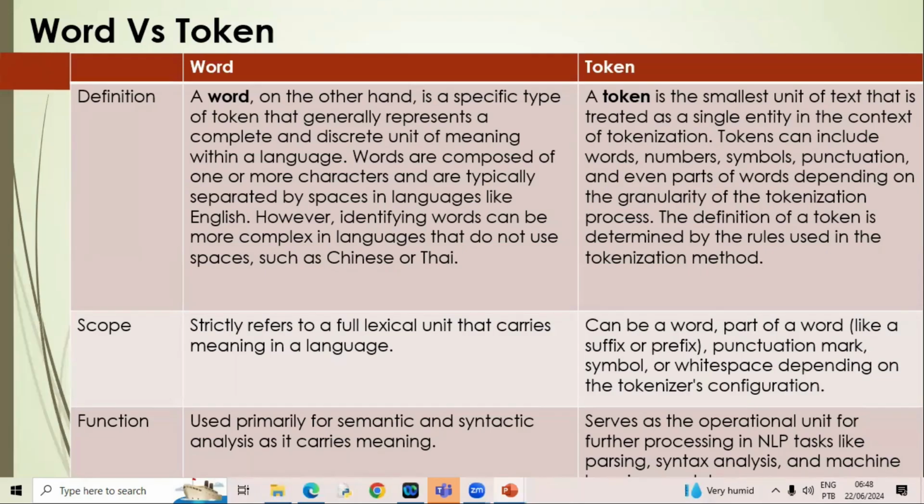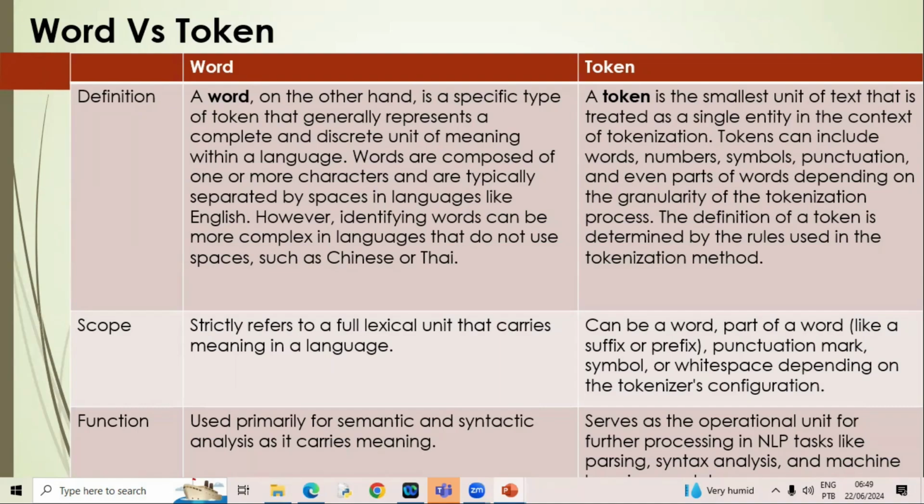So in a word we are mostly using text, while in tokens we have words, numbers, symbols, punctuation, and even parts of words depending on the granularity of the tokenization process. Like I mentioned in our everyday example, every and day are separated as subwords. The definition of a token is determined by the rules used in the tokenization method.